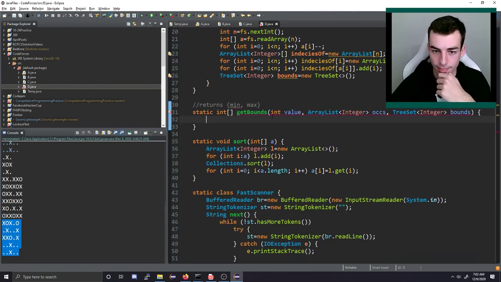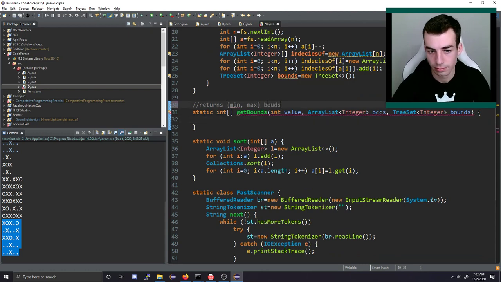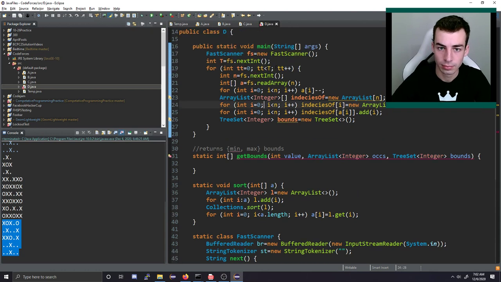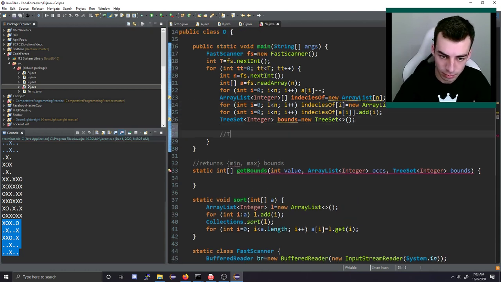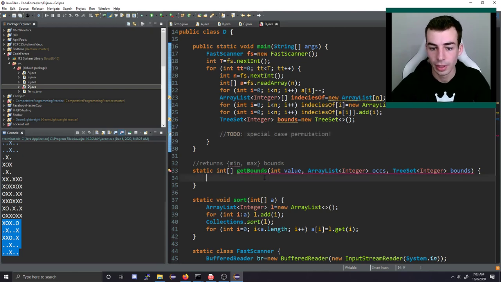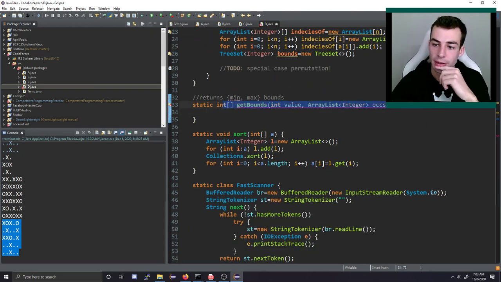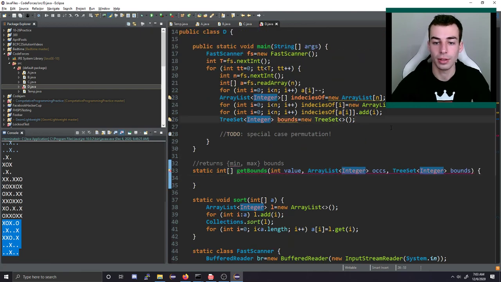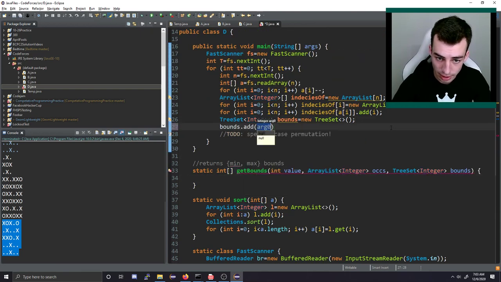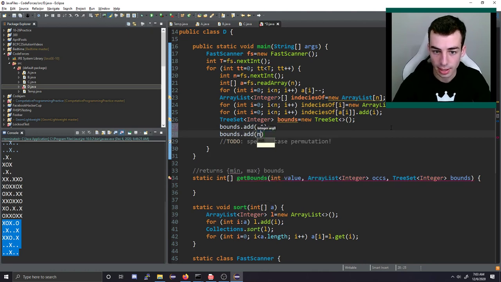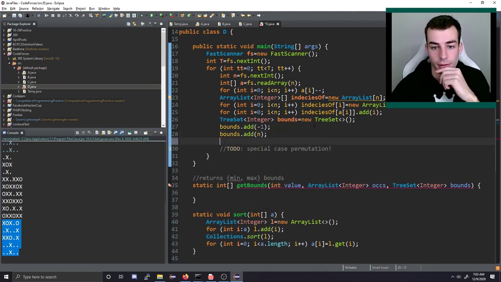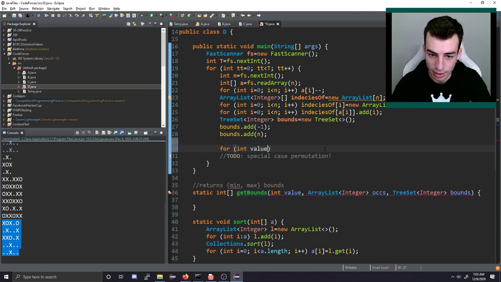Well, whatever. Okay, so we've got this. So we need to do that later. Bounds dot add -1, bounds dot add n. Okay, value equals 0, value is less than n, value plus plus.